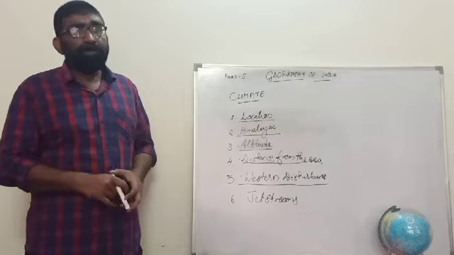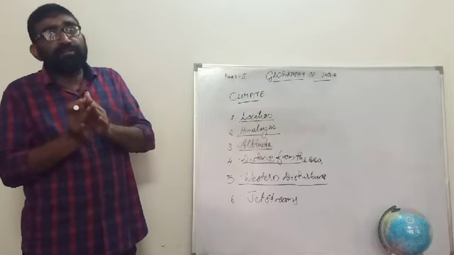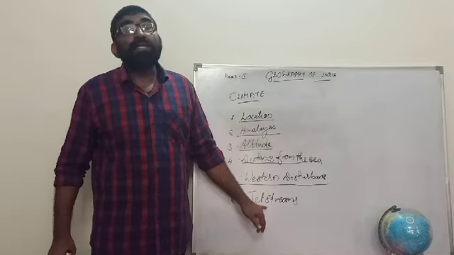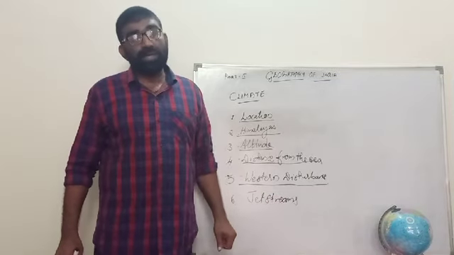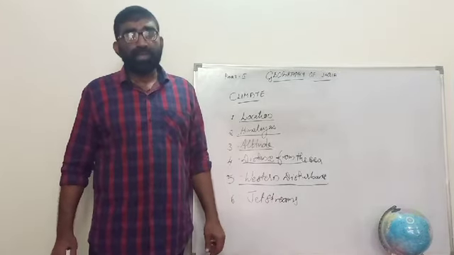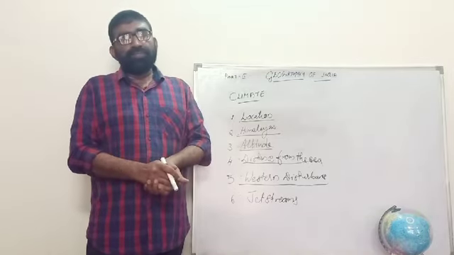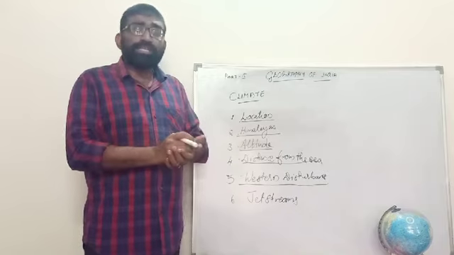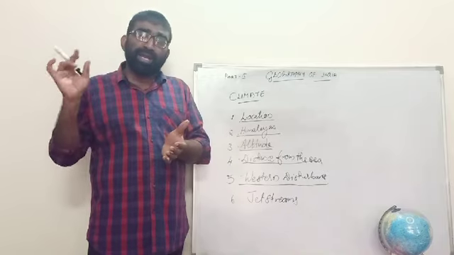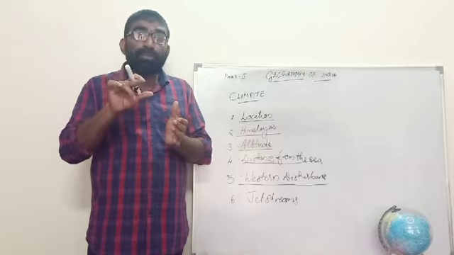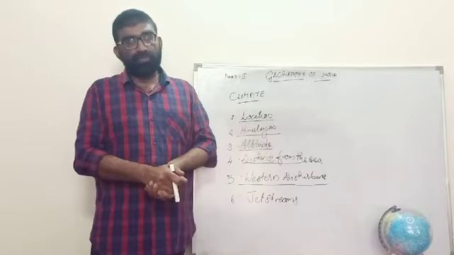And in summer, an easterly jet stream develops in the southern part of India between 8 degrees to 14 degrees north latitude. These jet streams are responsible for bringing tropical depressions in India, and also for the occurrence of monsoon rainfall.